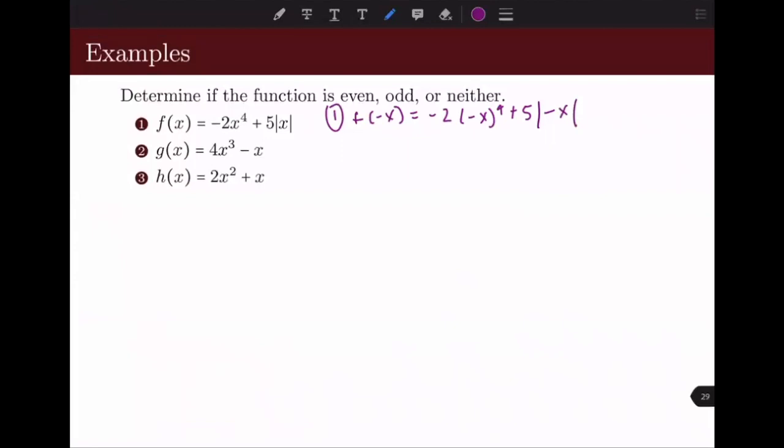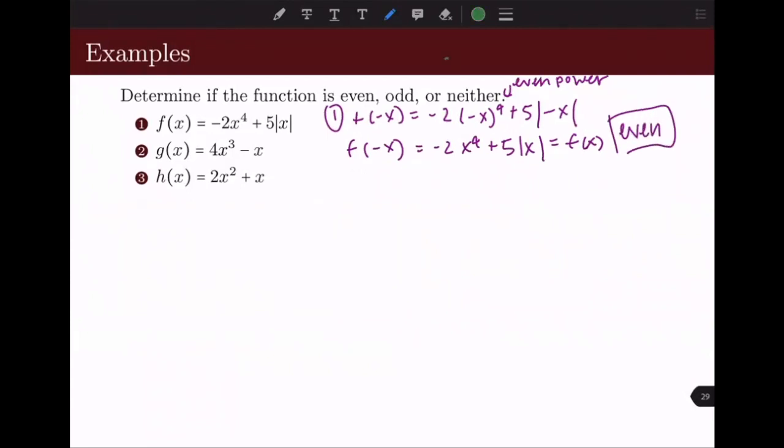So remember that whenever we have an even power, our negatives will all cancel out. So negative x to the 4th is going to be the same thing as x to the 4th. And then remember that the absolute value of a negative is the same thing as the absolute value of its positive value. So now we have f of negative x is equal to our original function. So number 1 is going to be even.